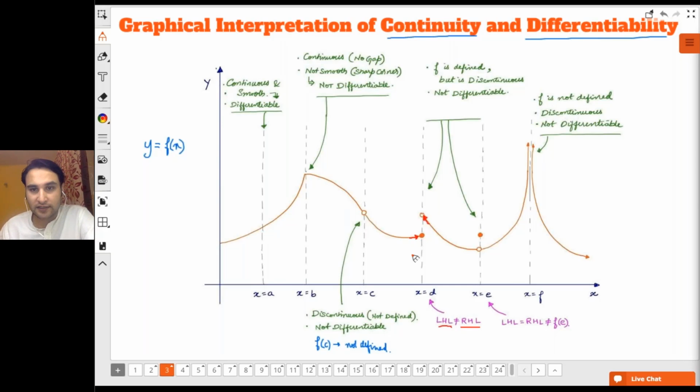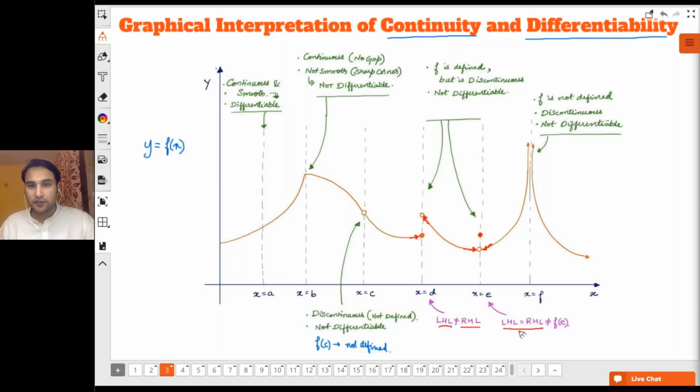So the function is discontinuous at D. Here, if you look at the limit, the left hand side limit and the right hand side limit, they both are approaching the same point. So here the left hand limit and right hand limit are the same, but that is not equal to the value of the function. The value of the function is this, which is not equal to the value of the limit. So guys, in today's session, understanding of limits definitely is needed.